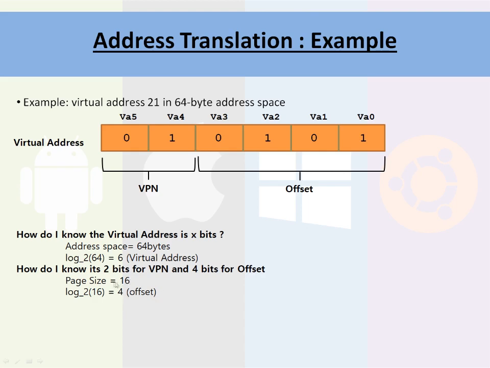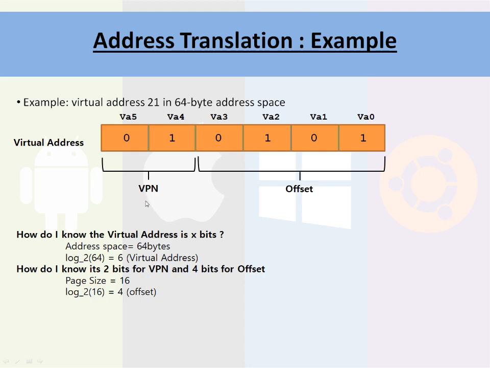Okay, because we have 16 addresses within a page that we need to store information for. And once again, if you convert the value 15 into binary, you'll get 1111. So we have 0 to 15, and that can be stored in 4 bits. Okay, so if the offset is 4 and the total length is 6, obviously the VPN needs to be 2.